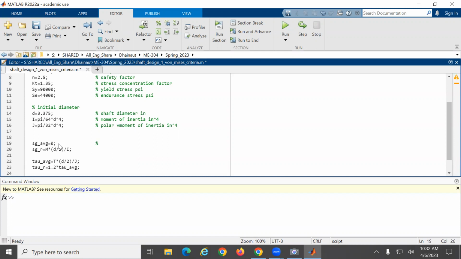What should be this value over here? So let's say it would be average static normal stress. Now, if I need to write something, what would be this one? How do you want to call this one?